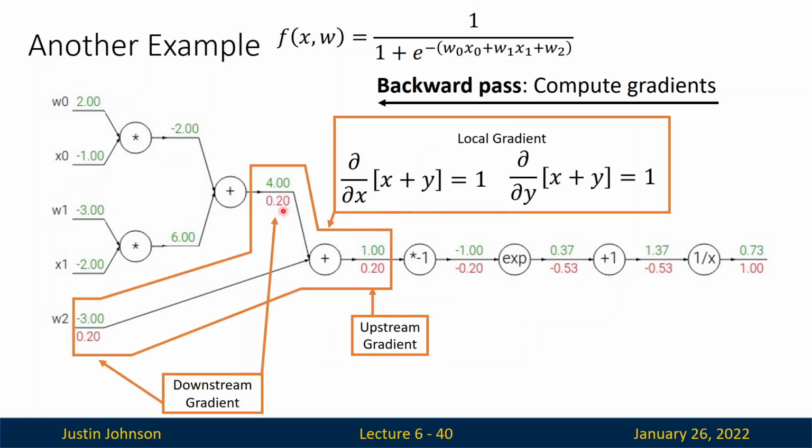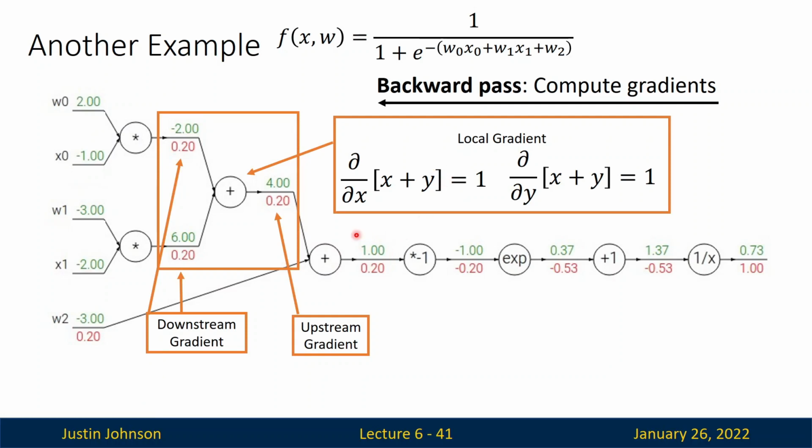Okay, so here, this is the addition operator, and we know the upstream gradient. According to the chain rule, the local gradient with respect to x and with respect to y are both 1. So the downstream gradient keeps the same, also negative 0.2.